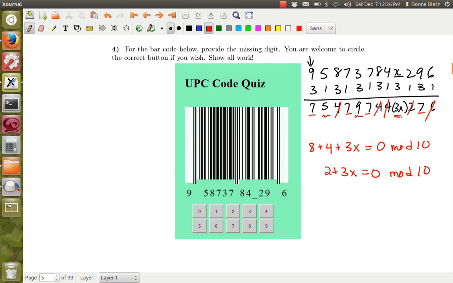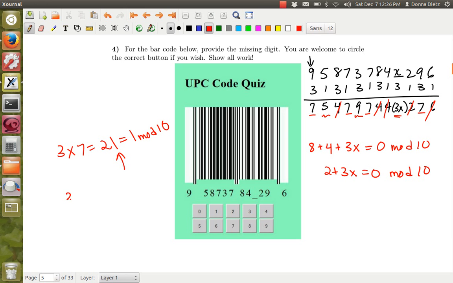Now what do we do? Well, now there's two ways to proceed. You can either try every single x possible, and there's only 10 of them, until you find the one that works, or you can use the magic 7 trick. The magic 7 trick is because 3 times 7 is 21, which is equal to 1 mod 10. So 7 is the magic thing you multiply 3 by to make the 3 go away.